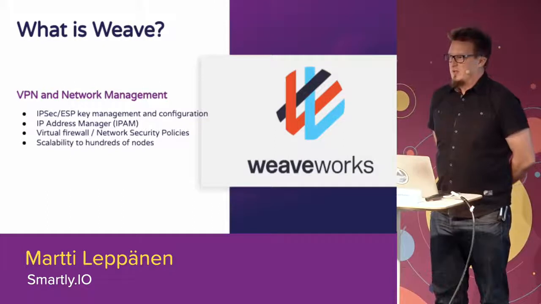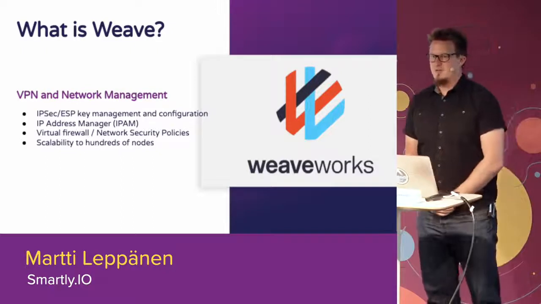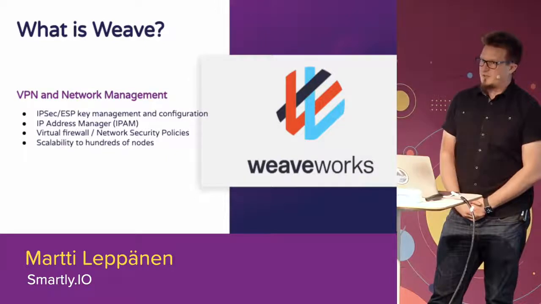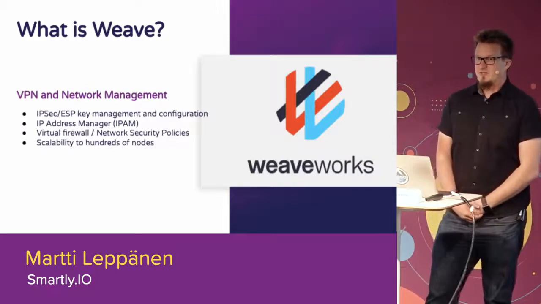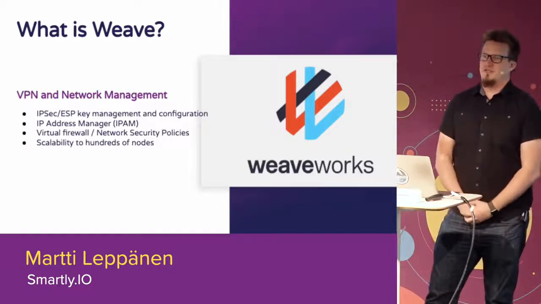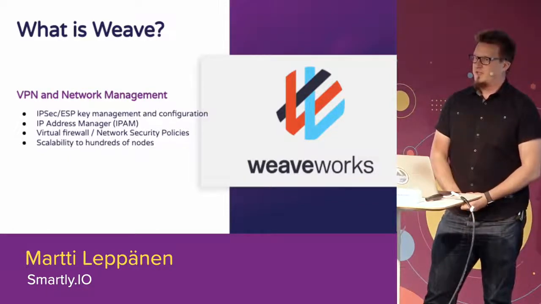So it's able to configure itself such that each node automatically has a certain set of addresses, and it keeps track of what addresses are where, so that you can easily communicate between the nodes. Due to this, it also has some firewall capabilities, and it can implement Kubernetes network security policies, which is very convenient, so that you can have more security also within the cluster, and define which services can talk to other services and which cannot. And this is an important feature that is actually quite recent.